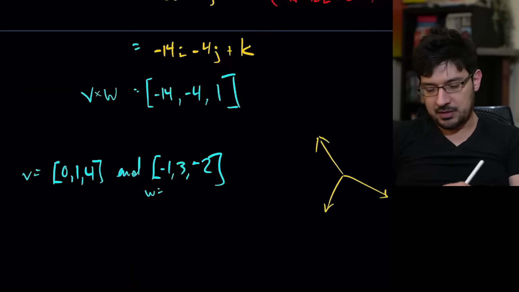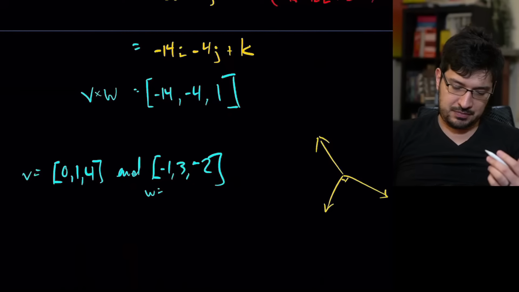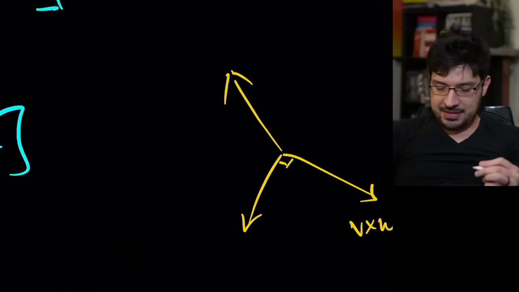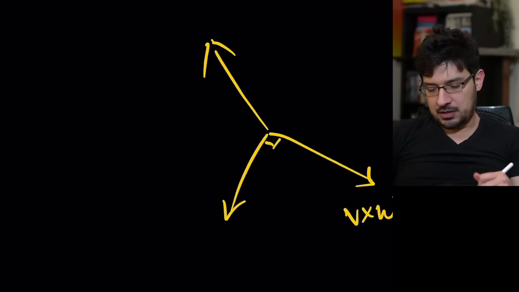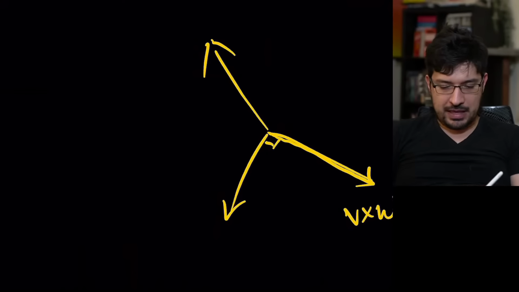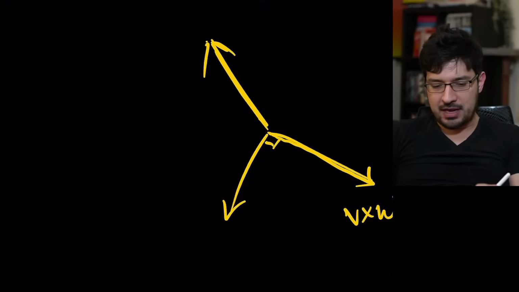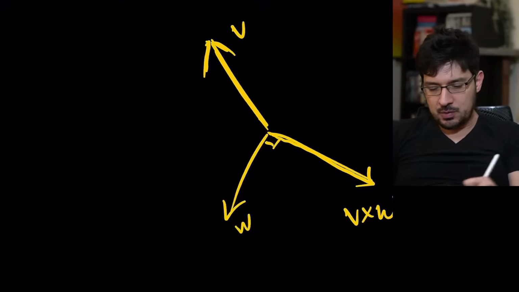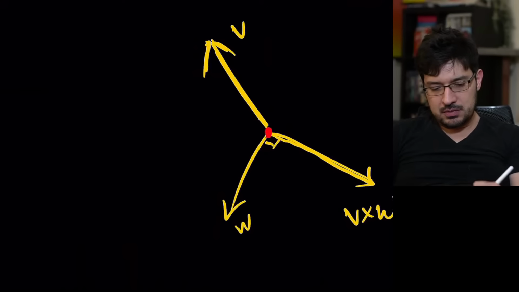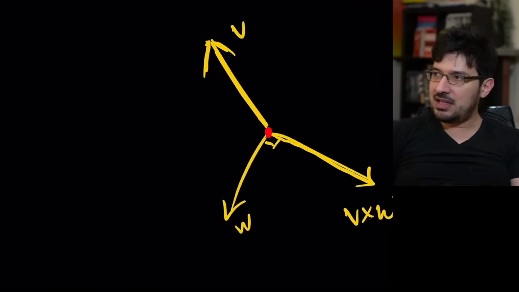Those three and V cross W. If this is the orthogonal third vector, then the plane that V and W span would have a 0 component along this axis, right? Does that make sense, dude?